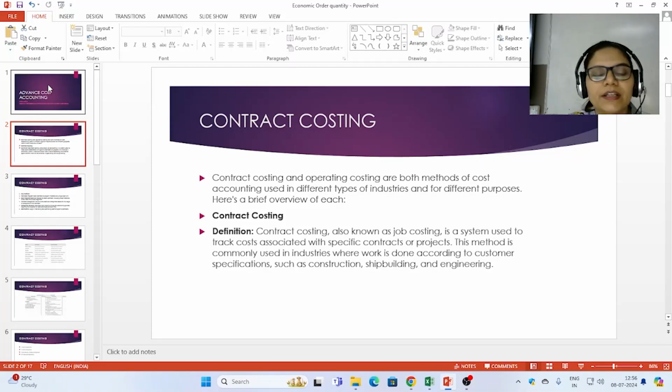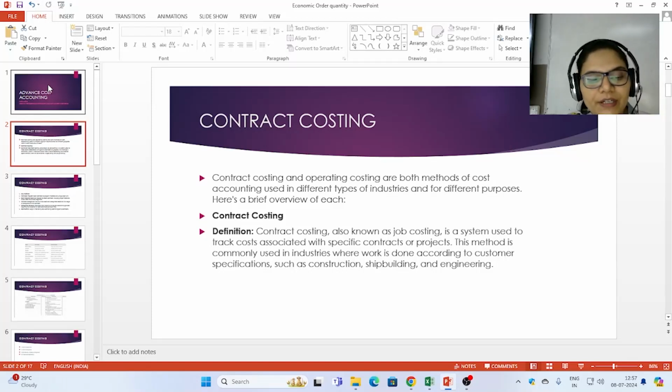This method is commonly used in industries where work is done according to customer specifications, such as construction, shipbuilding, and engineering. We can say contract costing is a part of the specific order costing method where work is performed as per the requirement or specification of the customer or contractee.